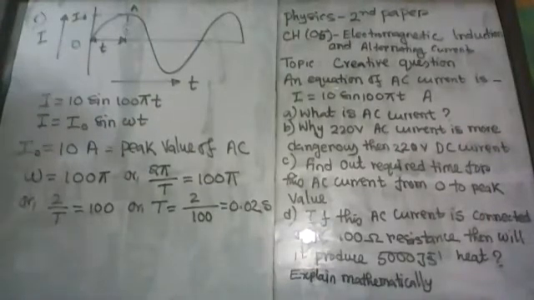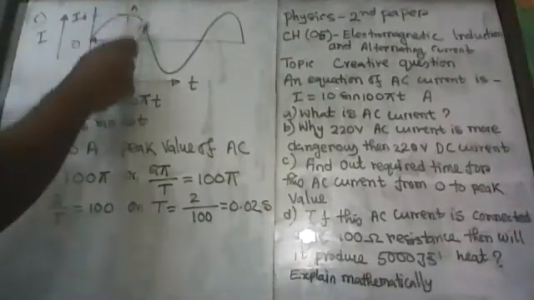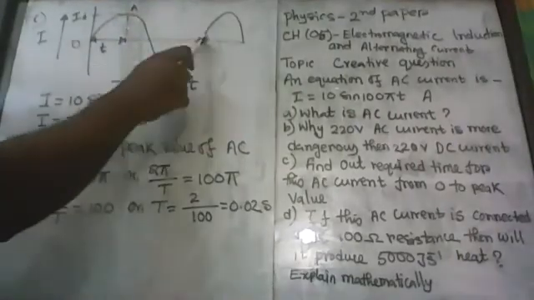Do you know what the time period is? Time period is the required time to execute a complete oscillation. I repeat, boys and girls, time period is the required time to execute a complete oscillation. A complete oscillation means a complete cycle. You know that this is the half cycle and this is the other half cycle.